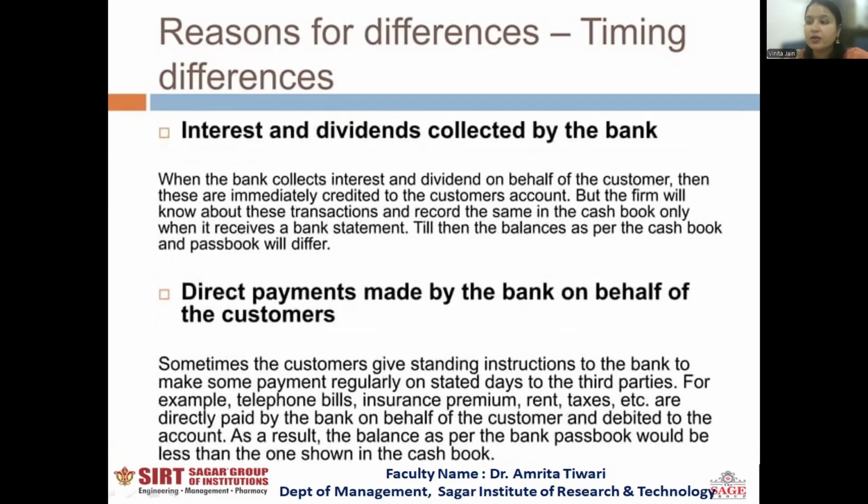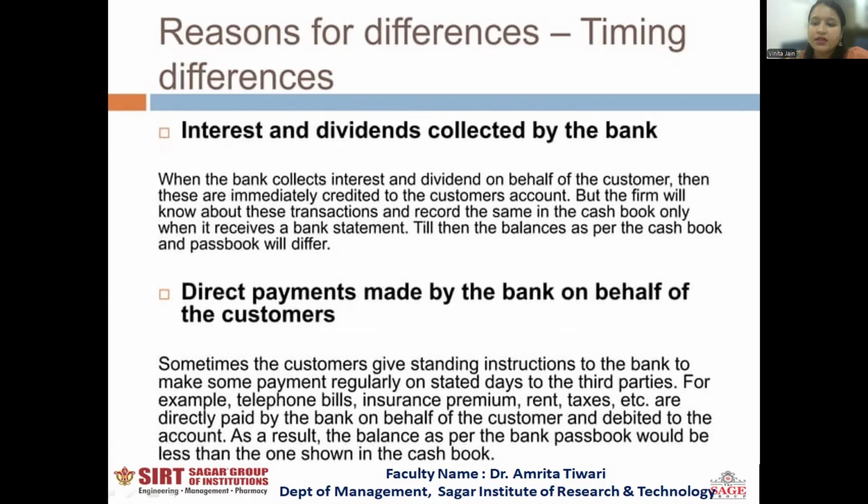Interest or dividend collected by the bank. When the bank collects interest and dividend on behalf of customers, these are immediately credited in the customer's account, whereas the firm will record them in the cash book only when it receives the bank statement. Until then the balance as per the cash book and as per the passbook will differ.